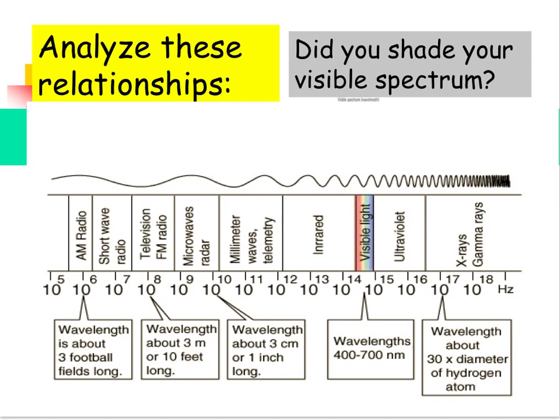And so if you will take a look with me down over here on the left-hand side, you see things like radio waves, TV waves, microwaves, some kind of millimeter waves, which I'm not real familiar with in telemetry, and some infrared rays. This is like night vision goggles and cool stuff like that.